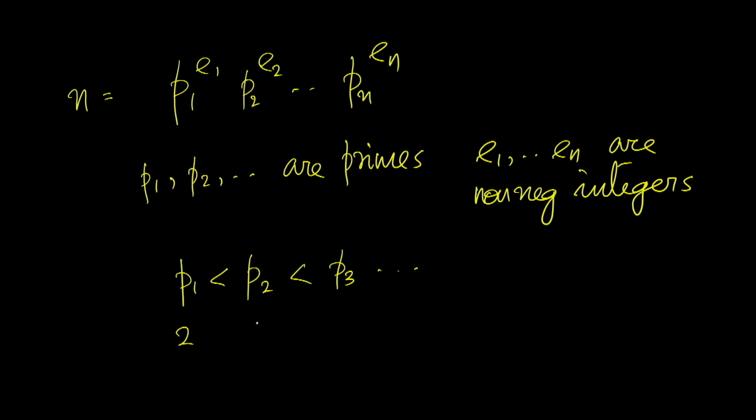So, p1 is 2, p2 is 3, p3 is 5 and so on. So, when n is expressed as such a product, we say that this is a canonical prime factorization of n. The primes in this product appear in increasing order.